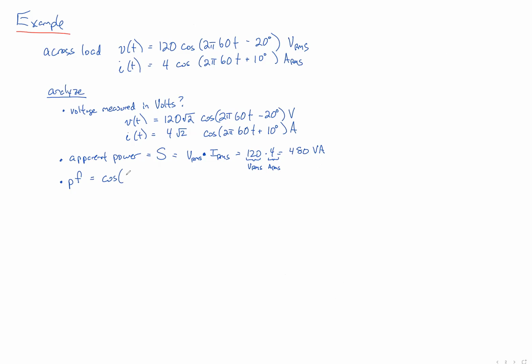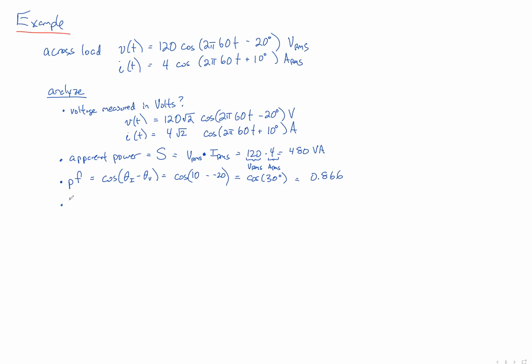So it's going to be the cosine of, and it doesn't matter which we write first. We can write either one first. Okay, so our theta I is 10 minus a negative 20, so it's going to be equal to cosine of 30, which Casey said is the same thing as cosine of minus 30. It happens to be 0.866, square root of 3 over 2.